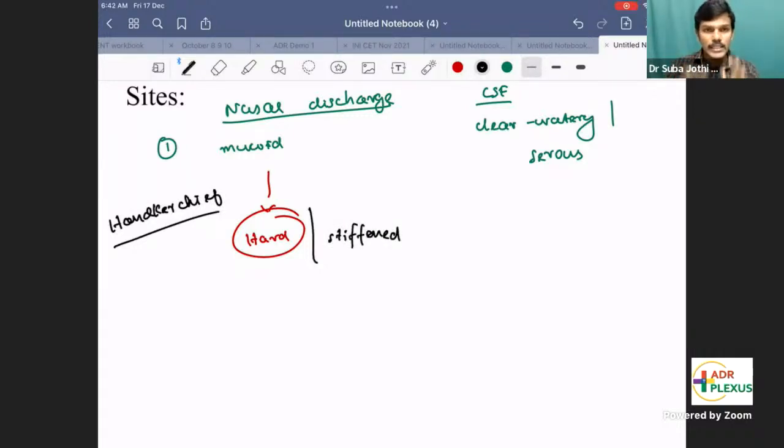So a nasal discharge can cause the handkerchief to stiffen up. But here we have only a watery discharge. It will not cause stiffening of the handkerchief. This is called the handkerchief test. So this is a bedside test we can do. The handkerchief will be stiffened in nasal rhinitis. It will not be stiffened in CSF rhinorrhea.